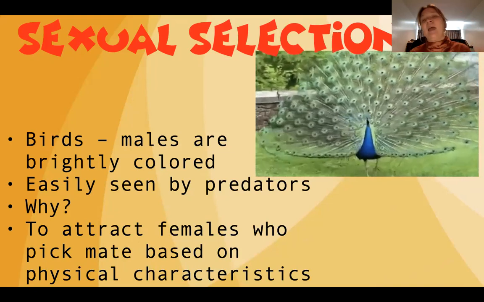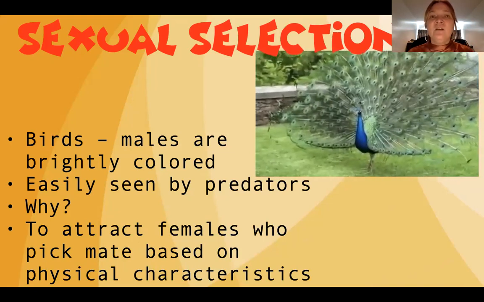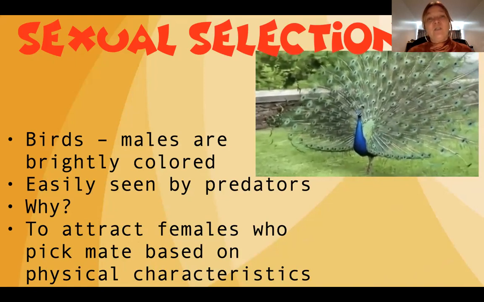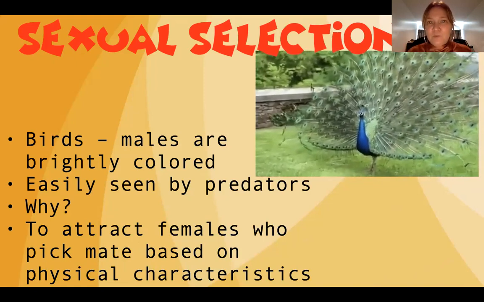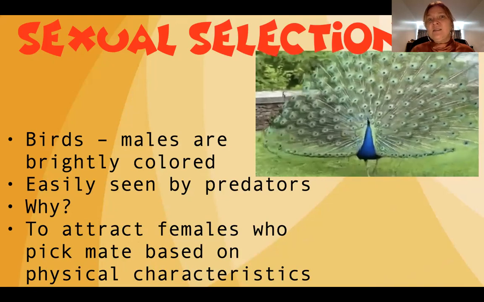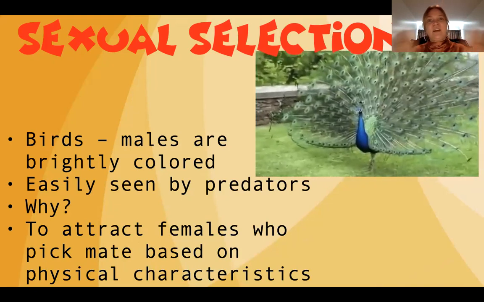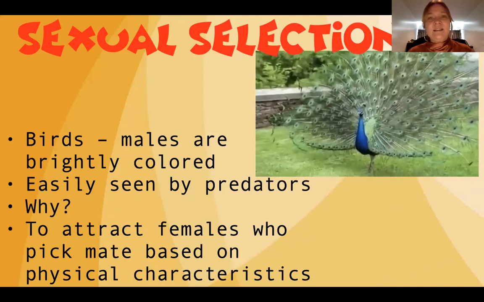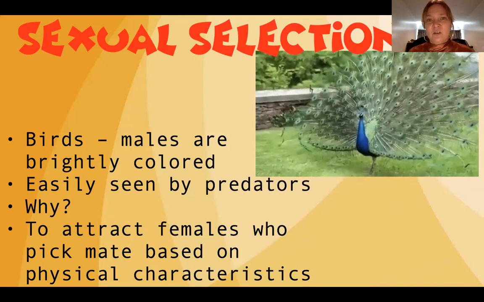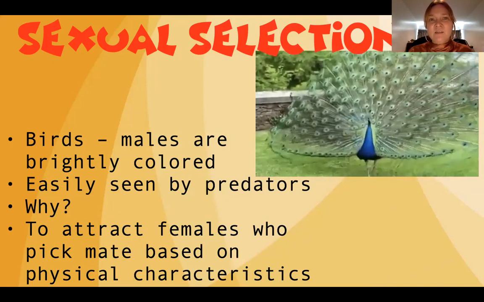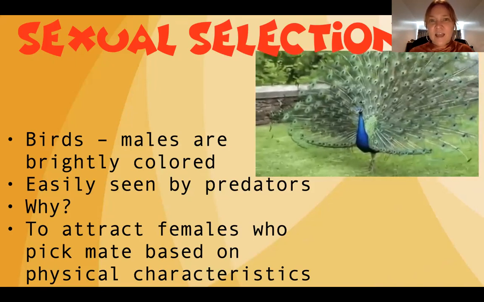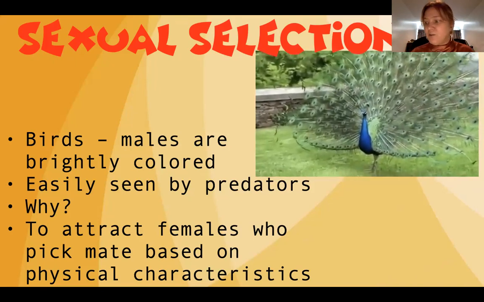So males that don't have a big, beautiful, full tail will not be picked to mate with, and so those genes that have coded for this pathetic small tail or whatever it is, they're not going to continue for the next generation, and only the genes that produce these big, beautiful, colorful tails are going to continue over the next generation.